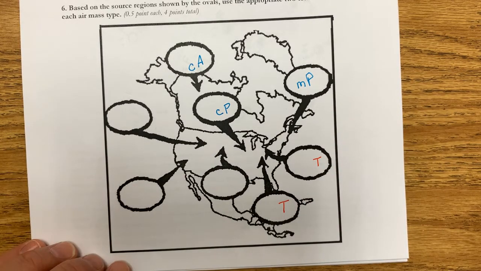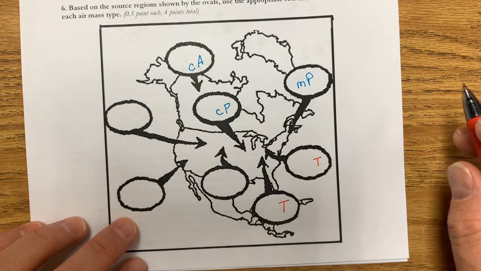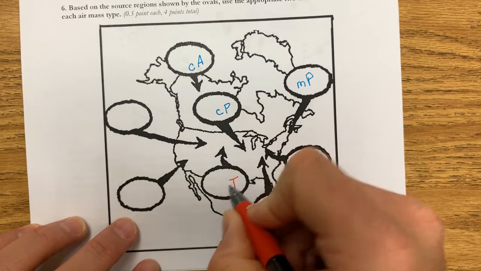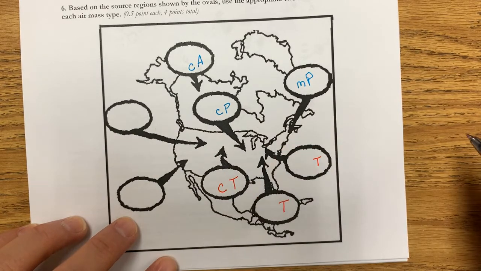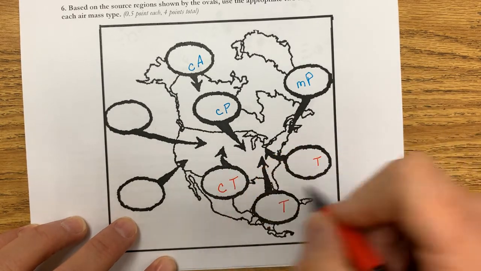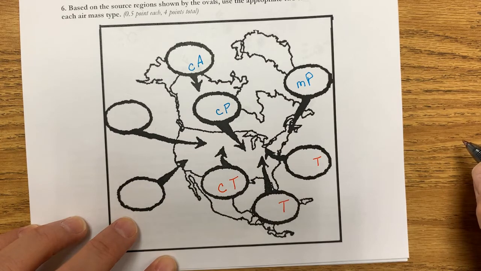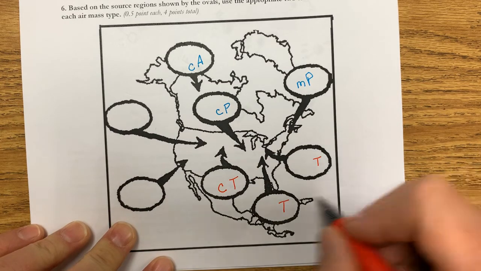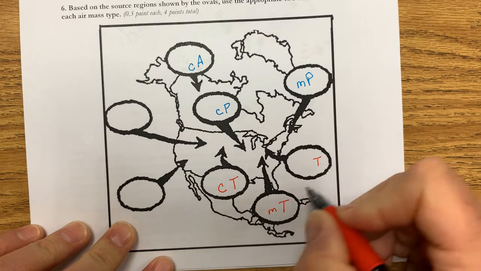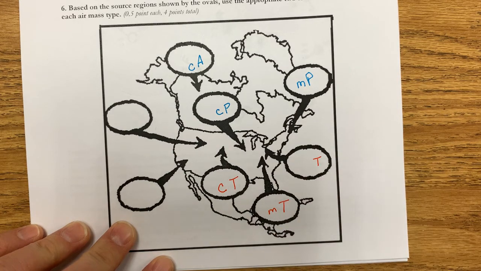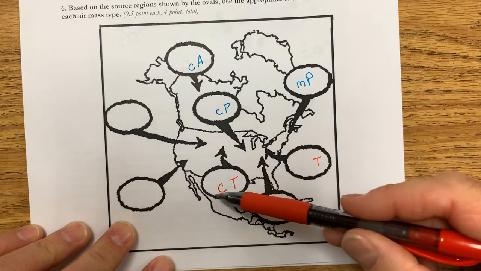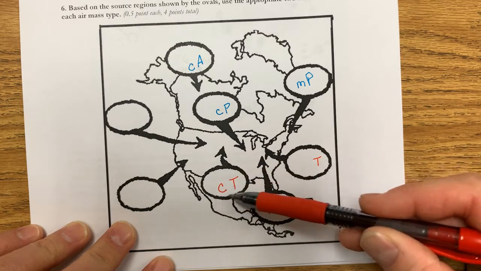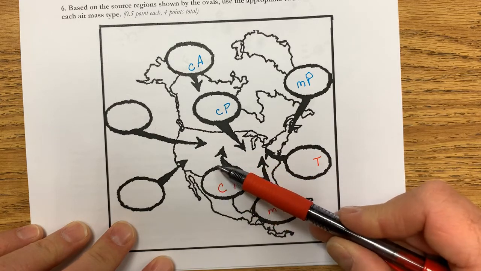So those are tropical air masses. We have a continental variety here, and that's forming over the Mexico land mass, whereas this one is forming over the Gulf of Mexico.